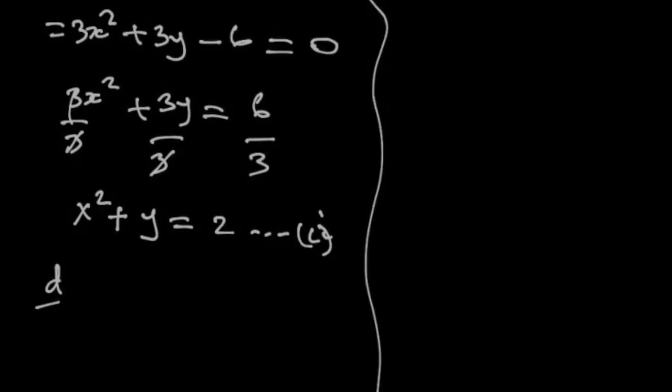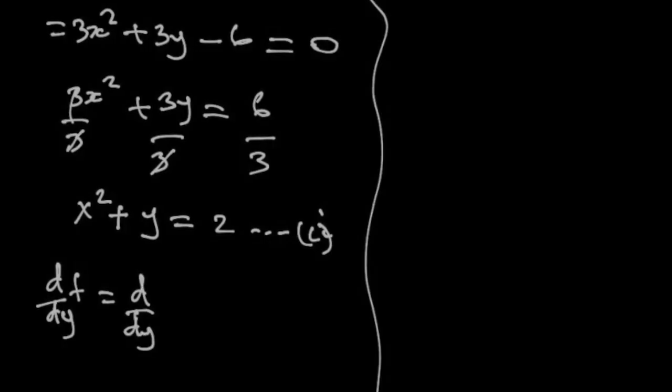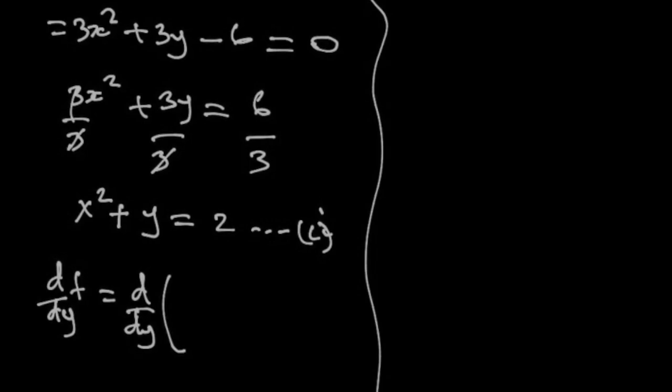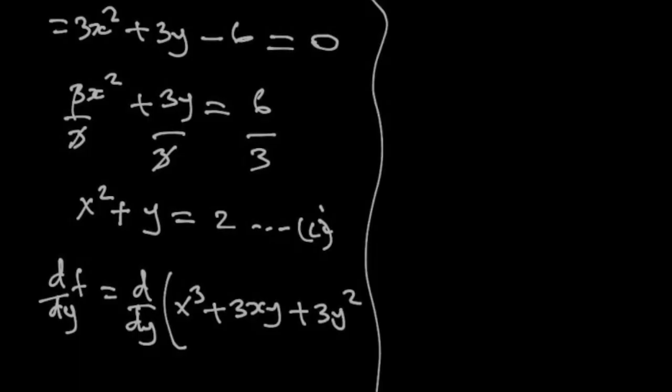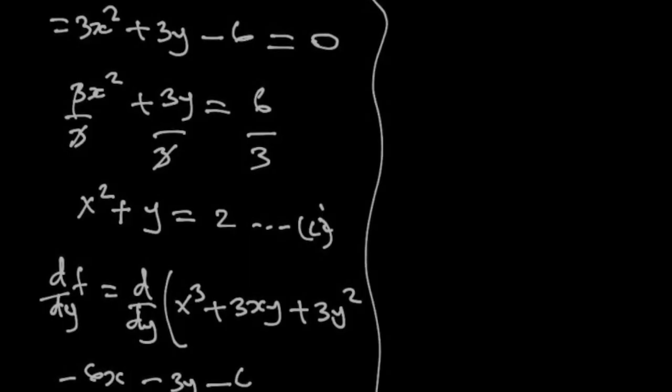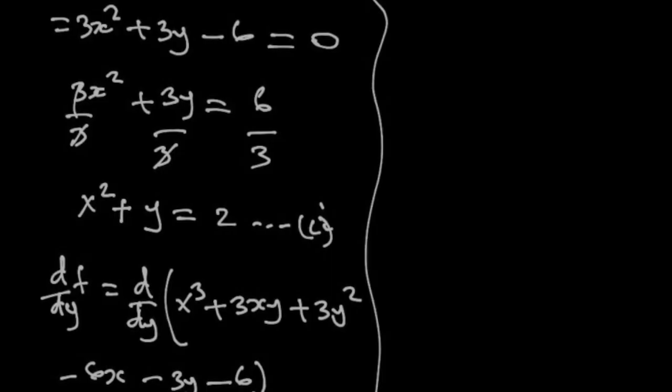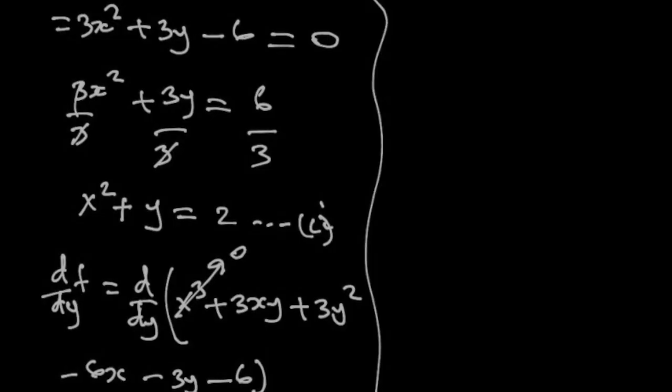So let's differentiate the function with respect to y. That is dy. Again, that would be x to the power of 3 plus 3xy plus 3y squared minus 6x minus 3y minus 6. Whatever doesn't have a y in it is considered constant, so that will be 0 when we differentiate it.